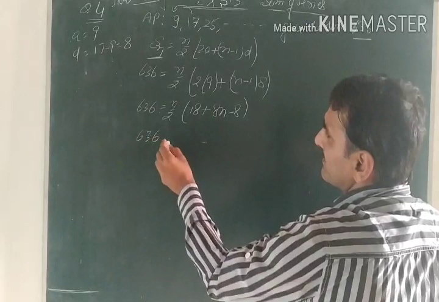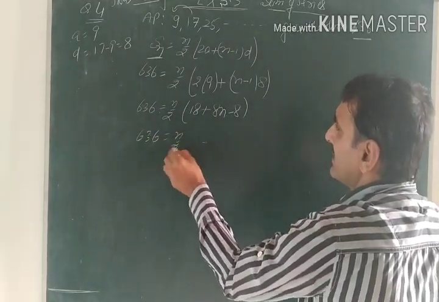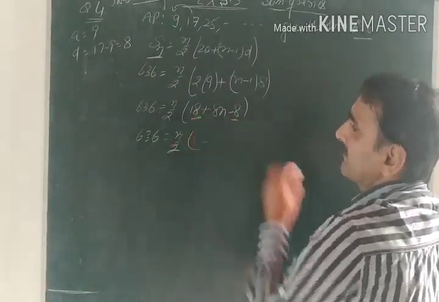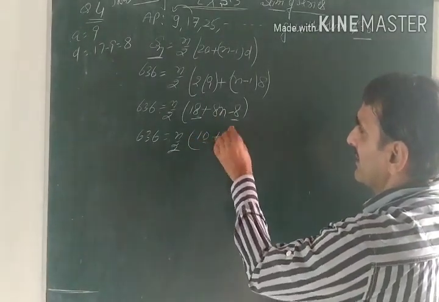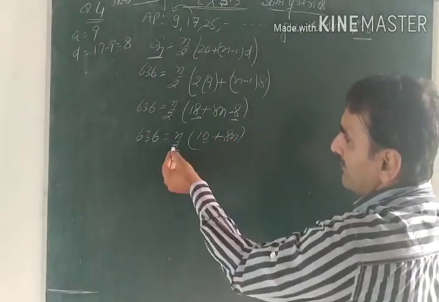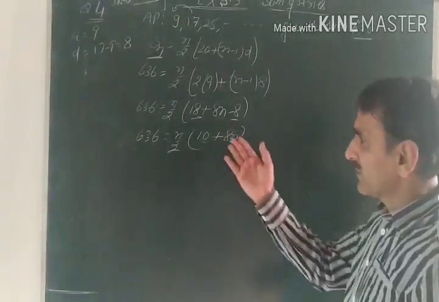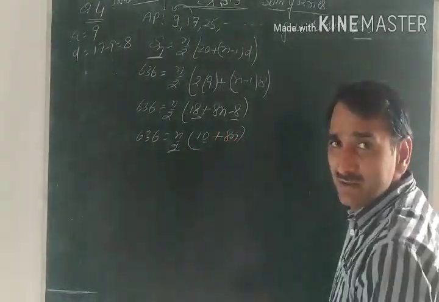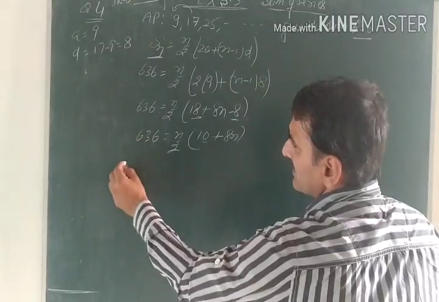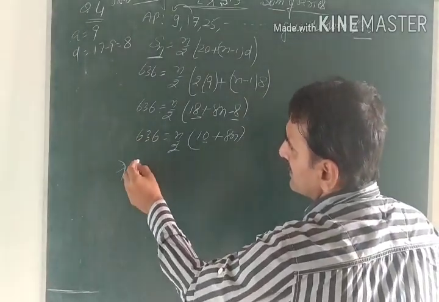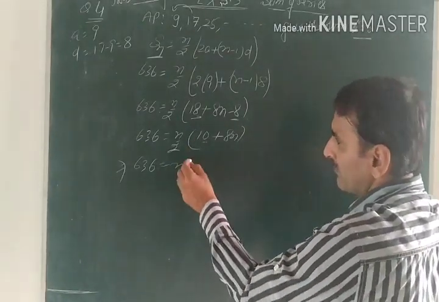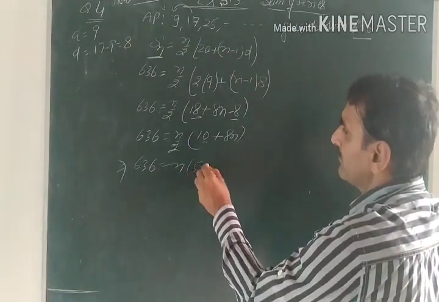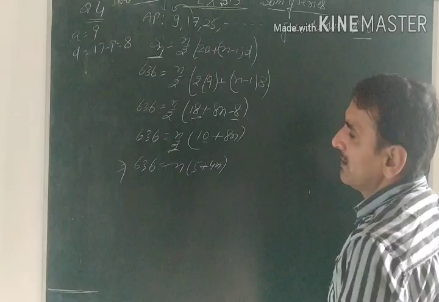Again, when we simplify this bracket, 18 minus 8 is 10 plus 8n. We can take 2 as common in this bracket and cancel it by 2. So 636 is equal to n into 5 plus 4n.